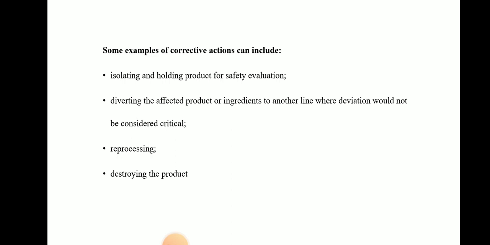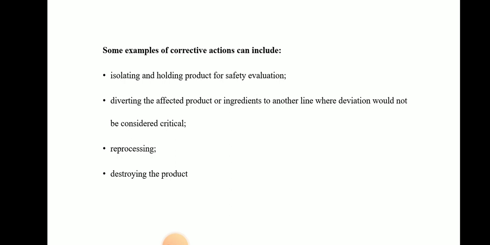This can be by isolating and holding the product for safety evaluation, or we may even reprocess it by increasing the temperature and ensuring that the product has reached the required temperature. Another option is diverting the affected product or ingredients to another line where the deviation would not be considered very critical.